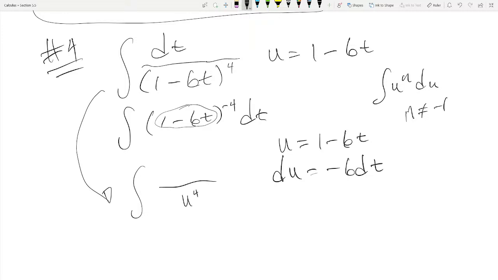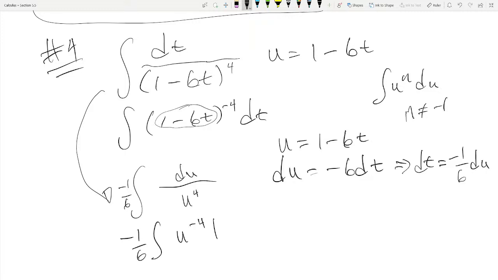And now I have to account for the dt. dt is equal to -1/6 du. So I put that in. I have a negative 1 over 6, and then a du. Put that in the numerator. Now I prefer to look at it like this because that's how I'm thinking of it anyway. It's u to the negative 4 du.